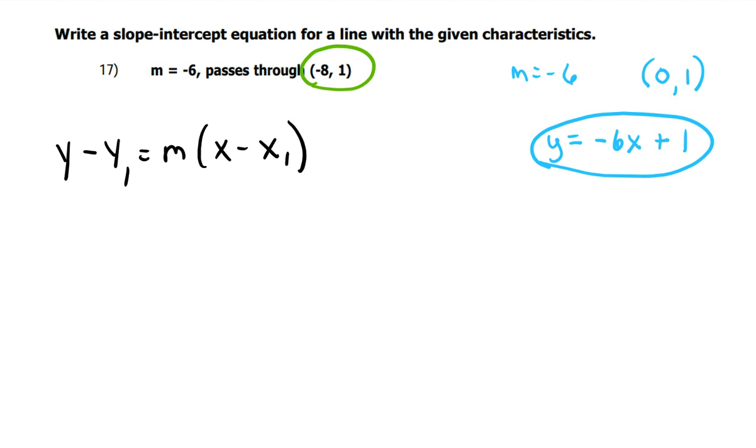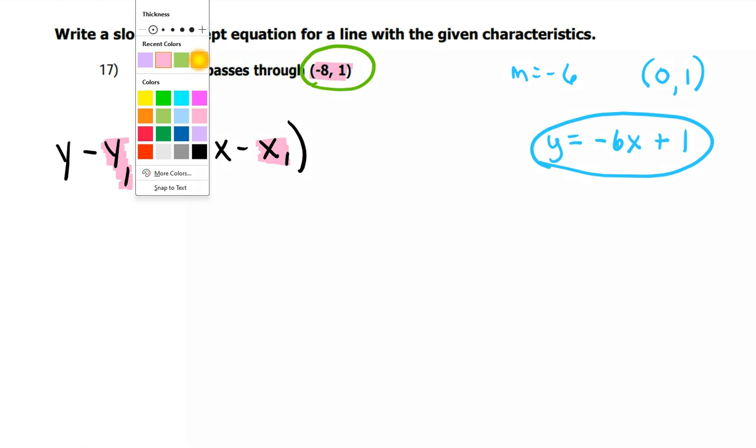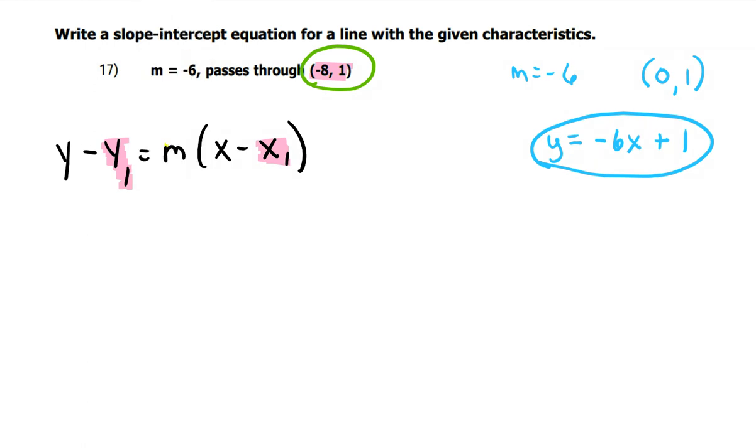And they call this the point slope formula or form of a line, because x sub 1, y sub 1, that's your random point, which is this guy right here. And then your slope, m, is whatever they give you here.